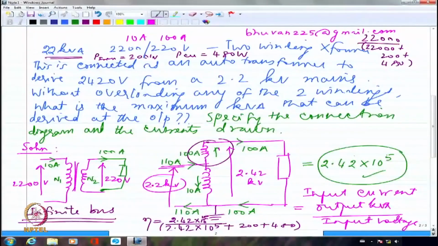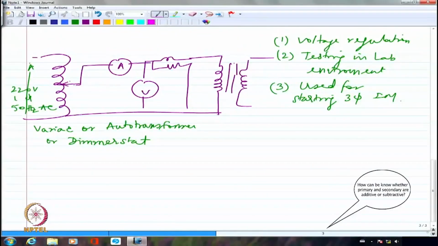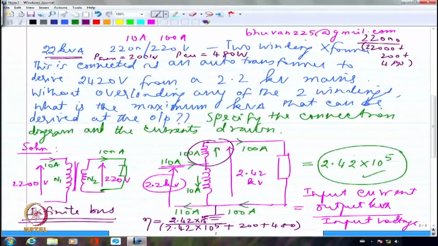Okay, now we will try to work out one problem. So let me take my rating. See, it is very clearly given in the problem. I had given that we wanted to derive 2420 volts from 2200 volts.